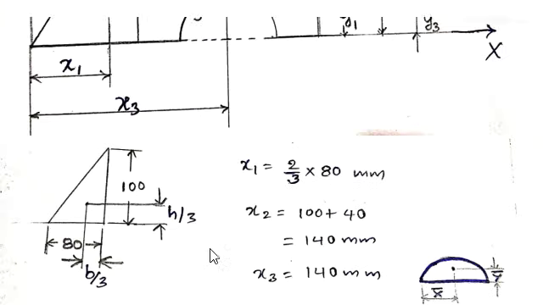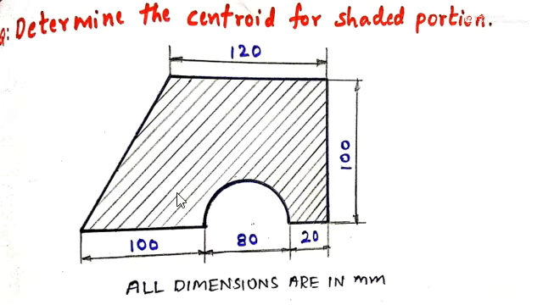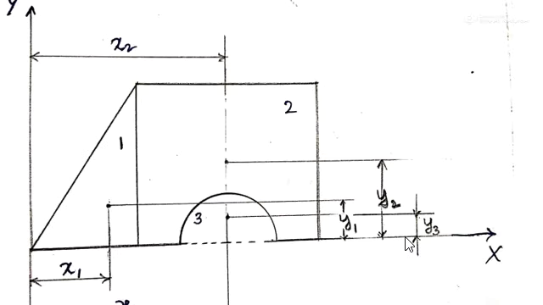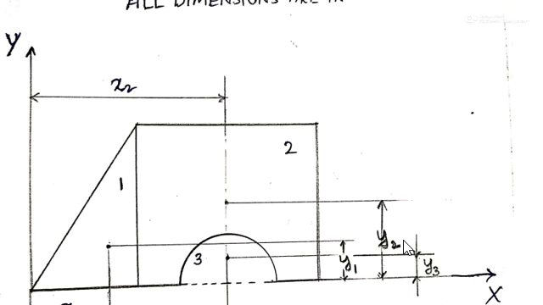So to solve this kind of complex figure, we have to use the x bar and y bar formulas. Before that we require x1, x2, x3, y1, y2, y3. So let us locate x1, x2, x3 and y1, y2, y3 in this figure.